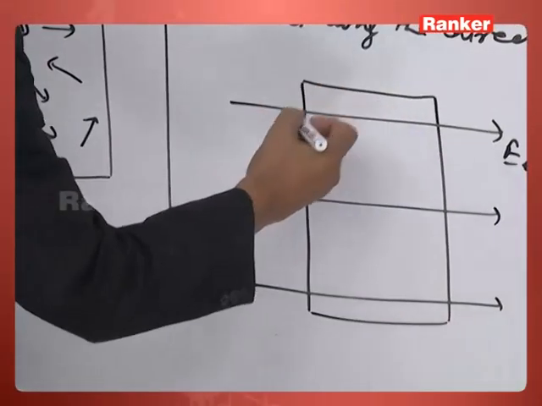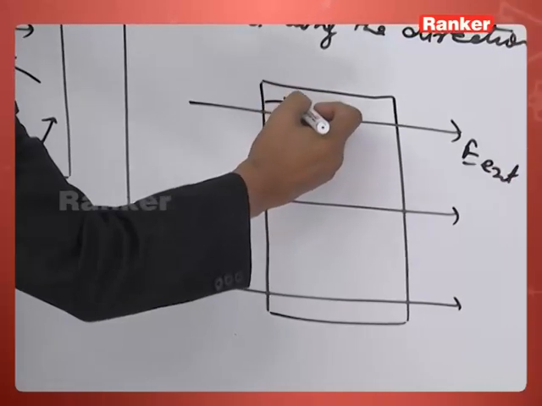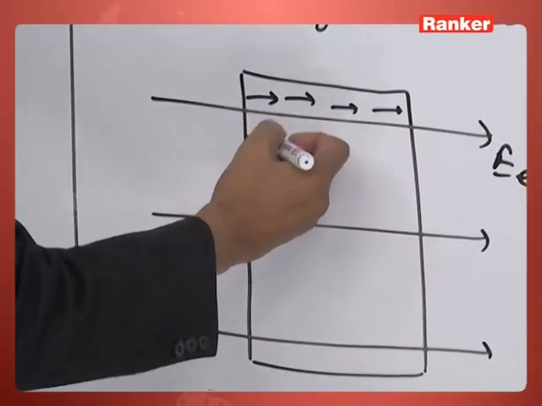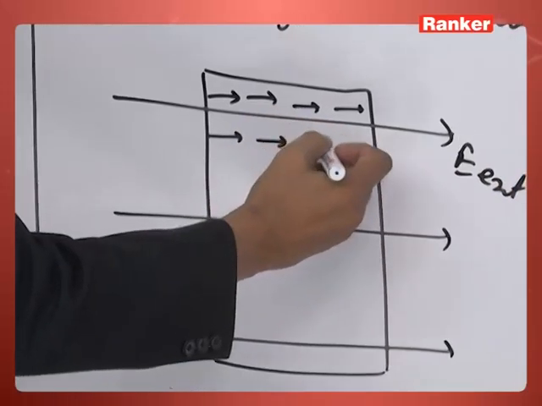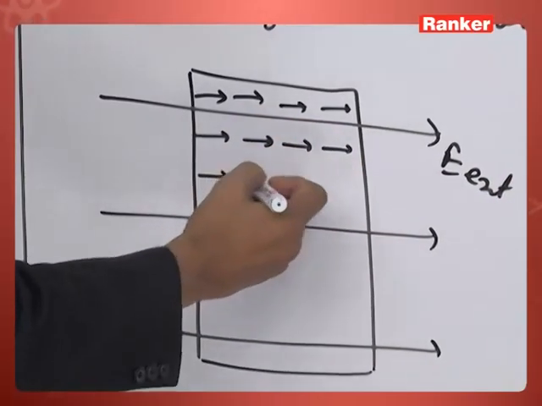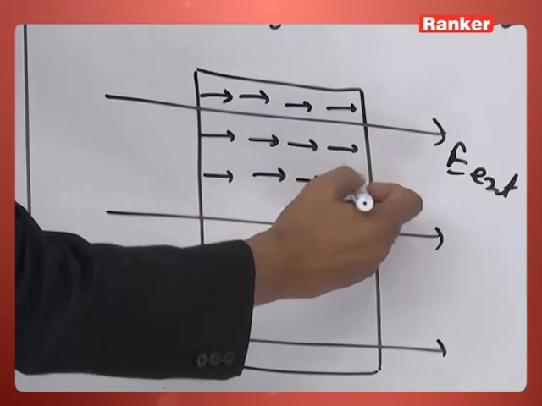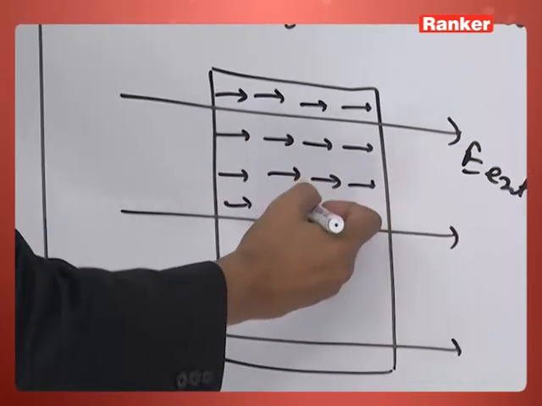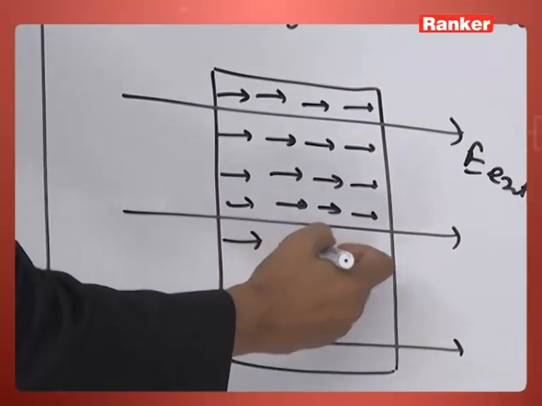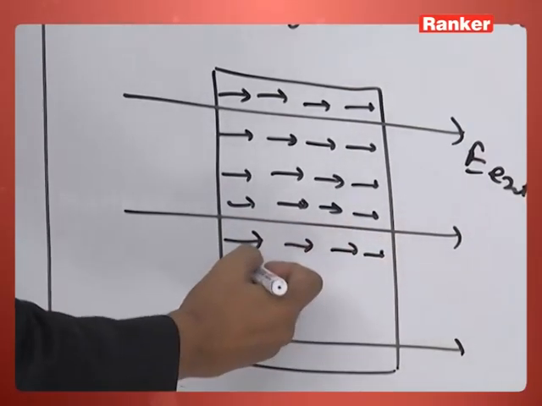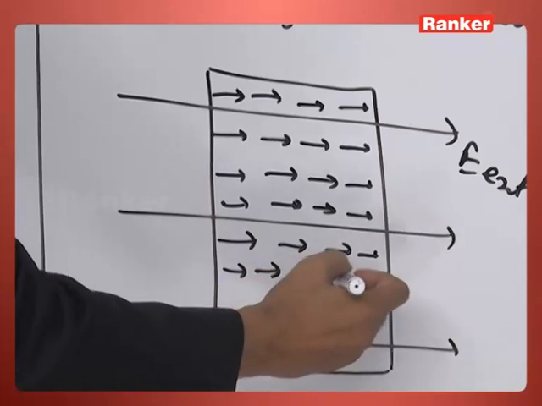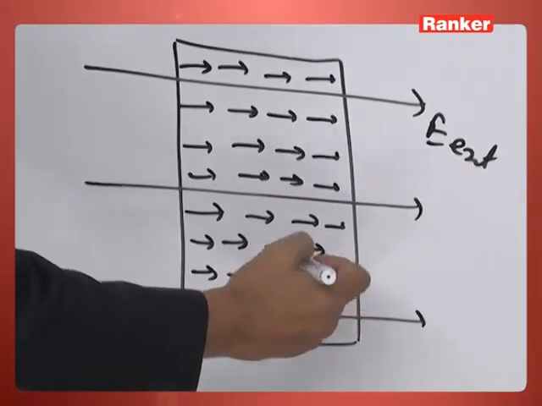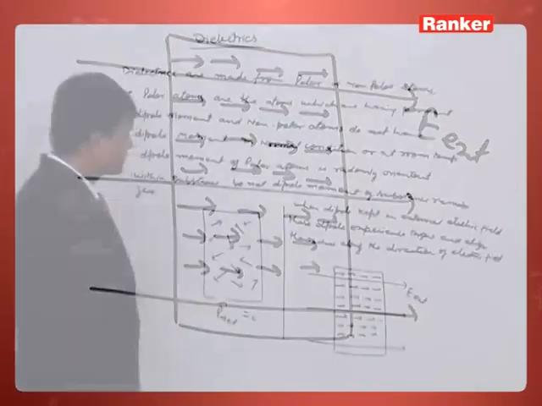When they align, the dipole moment will be directed in the direction of the field, like this. This is just one diagram I have shown here, which indicates the orientation of a dipole or atom due to the effect of the external field.